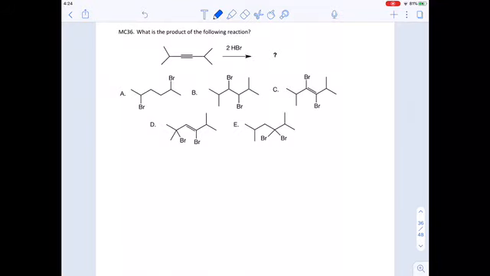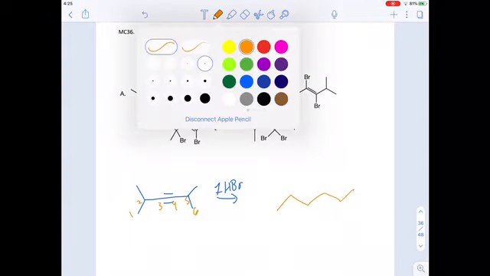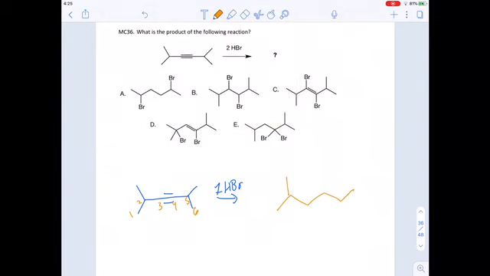Okay, so multiple choice 36 is one of the weird, abnormal reactions from the alkynes chapter. So normally when you treat things with HBr, say it was a triple bond and you treated it with 1 mole of HBr, let me count the carbons: 1, 2, 3, 4, 5, 6.